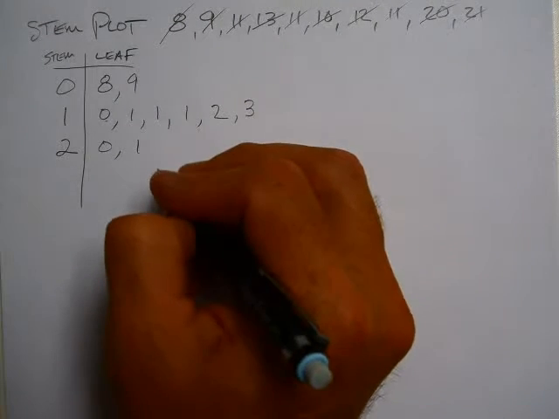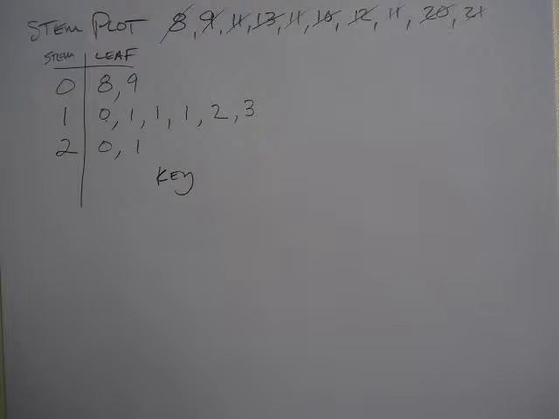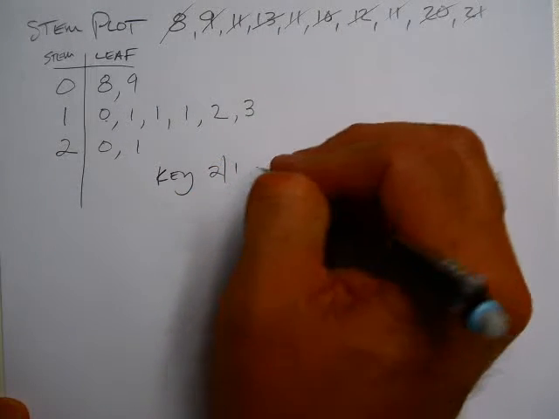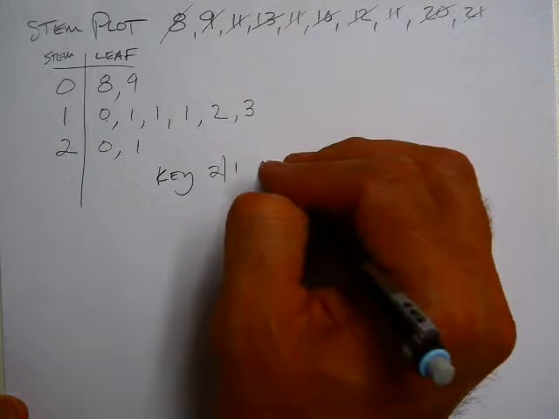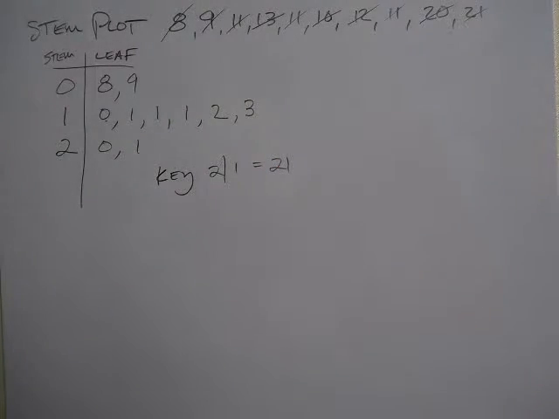So we need a key, and you can pick any number in there to choose from. I'm going to use the 21. So the key, you do something like this. You go 2, 1, and you can either write means or equals 21. And that sets the place value.